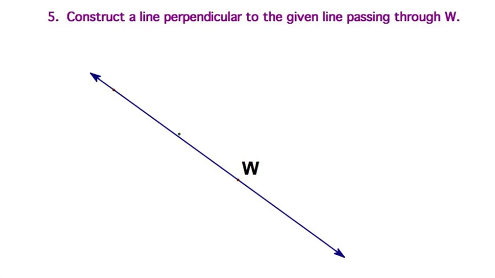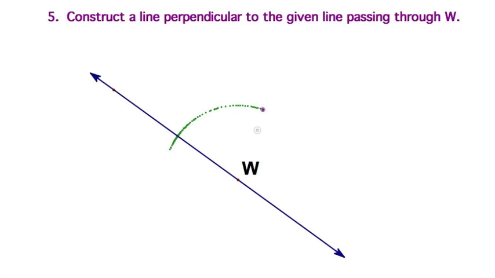Now in this construction, the last one on the sheet, we're going to take this point W, which is on a given line, and we're going to construct a line perpendicular passing through there. I'm going to set my compass to an arbitrary length. So I'm going to put the needle on the W, and I'm going to put the pencil here, and this green, that's my pencil, and I'm just marking it.